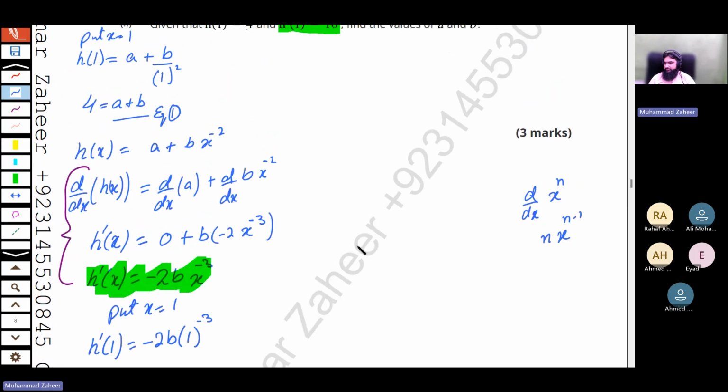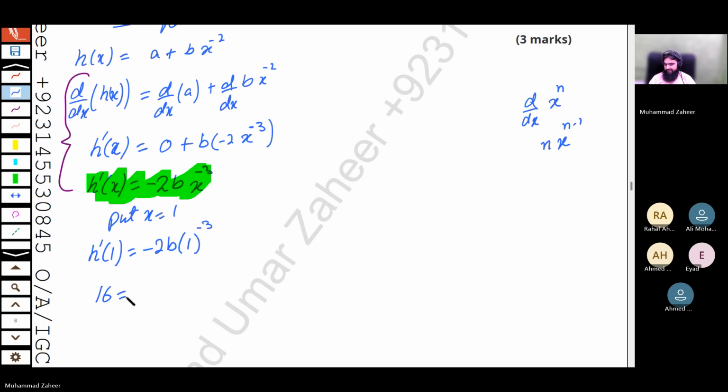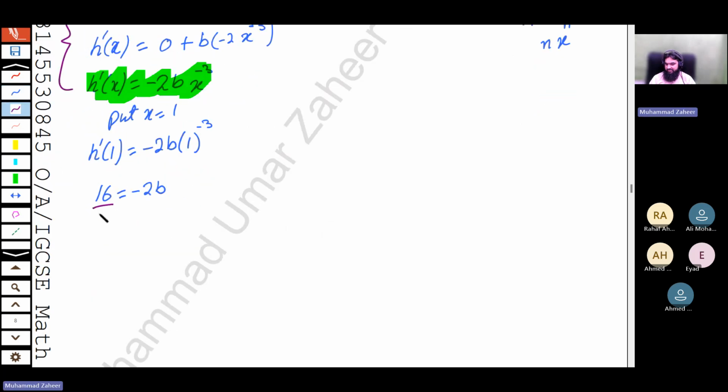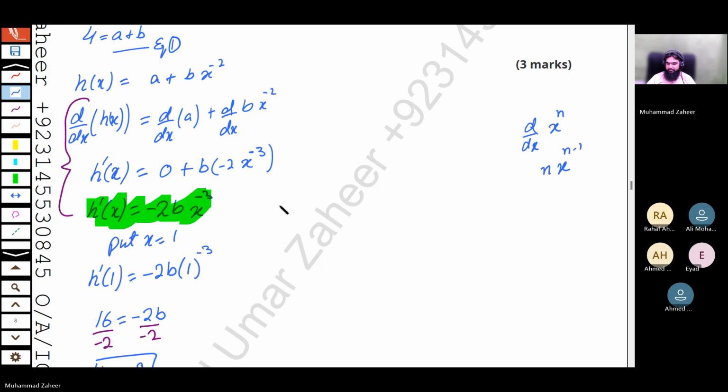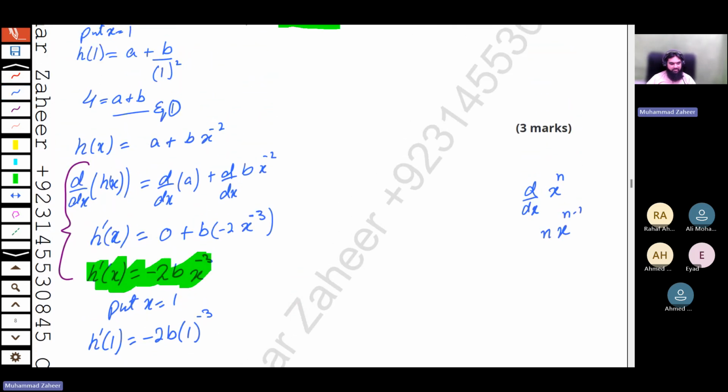The value of h dash of 1 is 16, and 1 raised to power minus 3 is still 1. So you will get minus 2b. Minus 2 is multiplying, so on the other side it will be divided. So I get the final answer, b is equal to minus 8. Now once you get the value of b, you have to substitute it into equation 1 that I am going to make here.